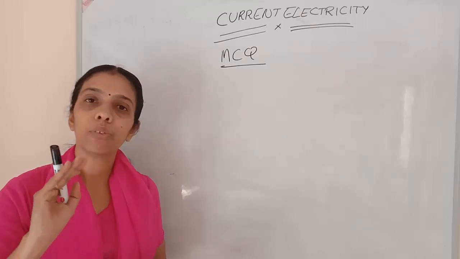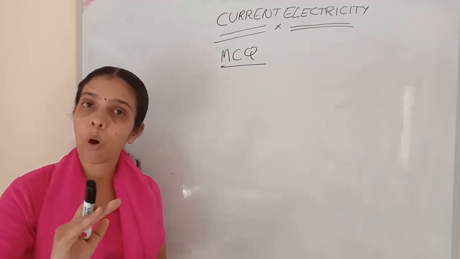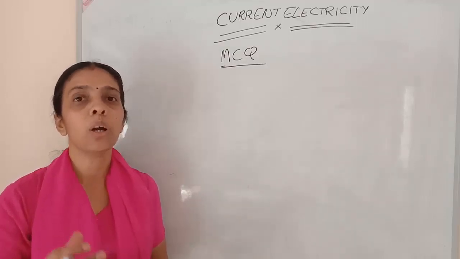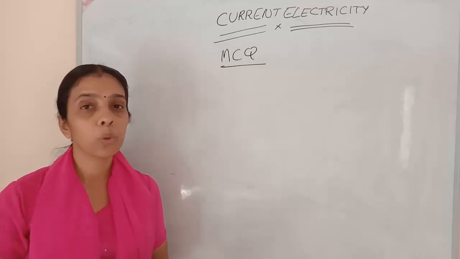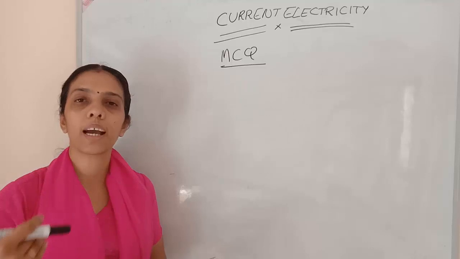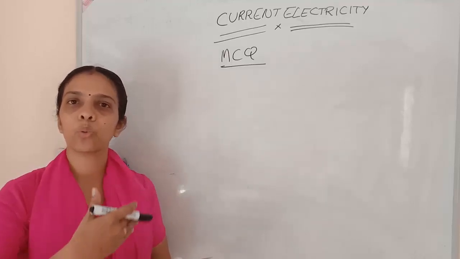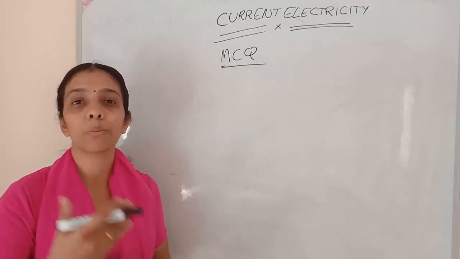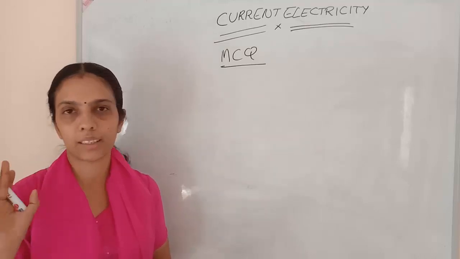If all the four arms are of the same order, then it will be more accurate, isn't it? See, if R and S are the same value, and P and Q are of the same order, then it will be the most accurate method, isn't it?